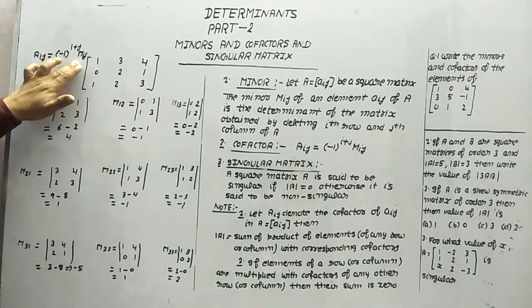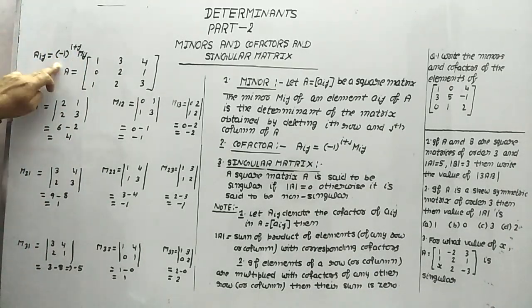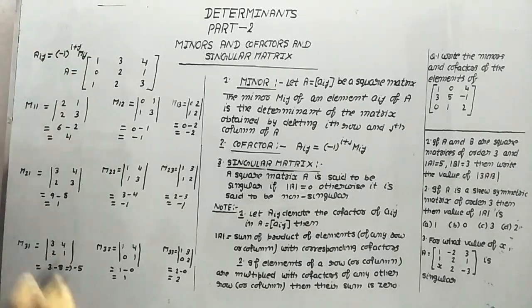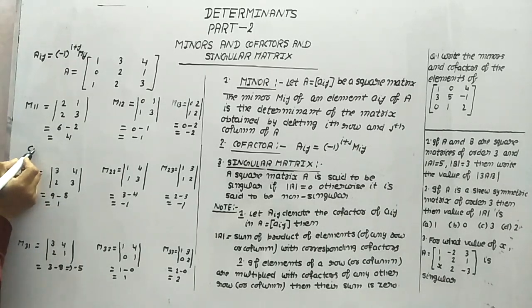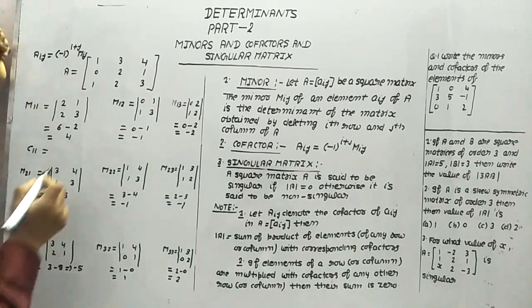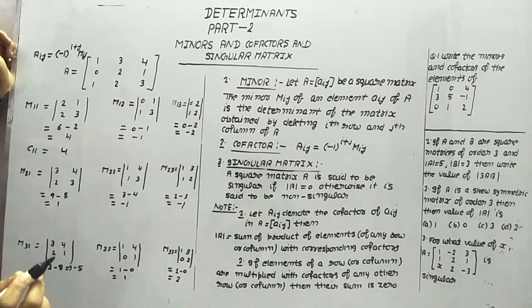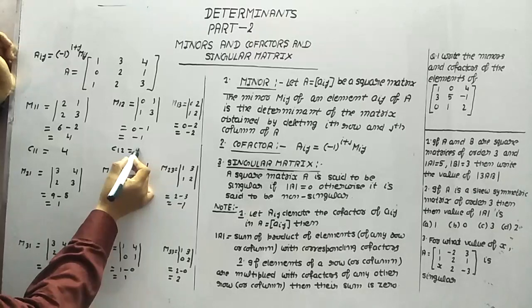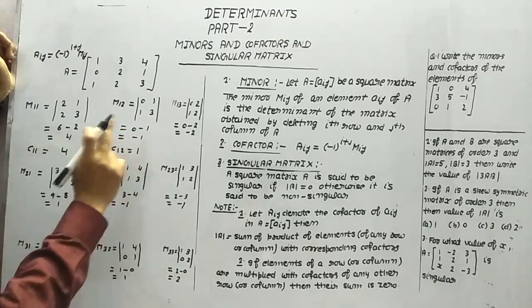It means the minor stays as it is, and we multiply by minus 1 raised to the power of row number plus column number. So what is C11? Minus 1 raised to power 1 plus 1. What is this? Even. So C11 is 4.